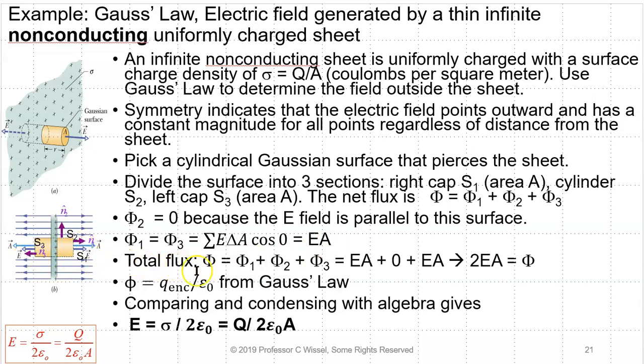So the total flux phi is going to be phi1 plus phi2 plus phi3 equals EA plus 0 plus EA, or 2EA, and that equals phi. Phi is Q enclosed divided by epsilon naught from Gauss's law. We're going to compare and condense with algebra. So then the electric field outside a thin, non-conducting, uniformly charged sheet is sigma over 2 epsilon naught, or Q divided by 2 epsilon naught times A.